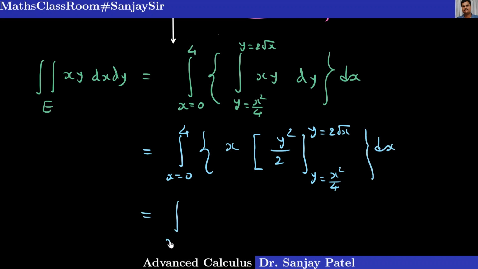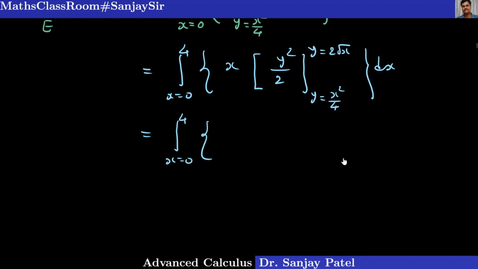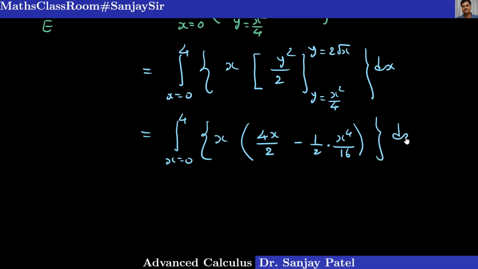So this is x from 0 to 4, and putting the upper limit first, what I will get is x into y square, so it is 4x upon 2, minus the lower limit y equal to x square by 4. That 1 upon 2 is already there, and when you put y is equal to x square by 4 here, x square by 4 whole square, so it is x to 4 by 16. Okay, so you will get this thing into dx.